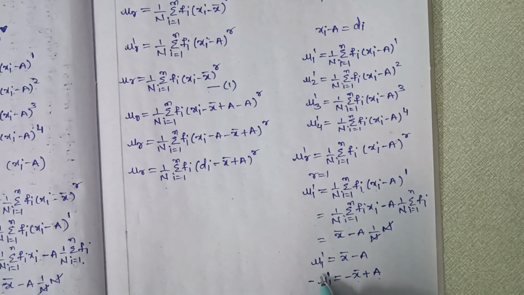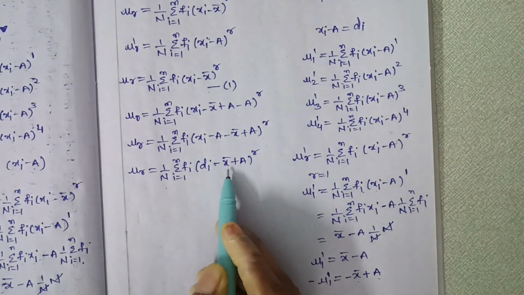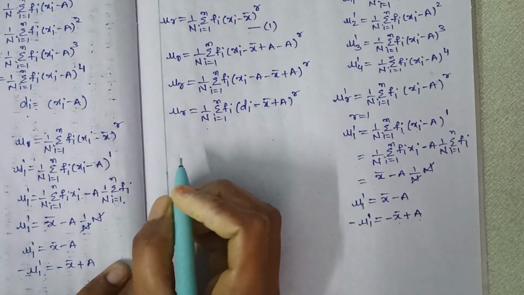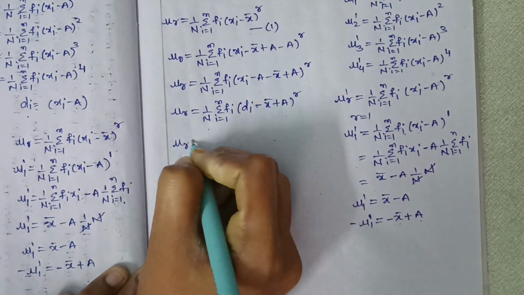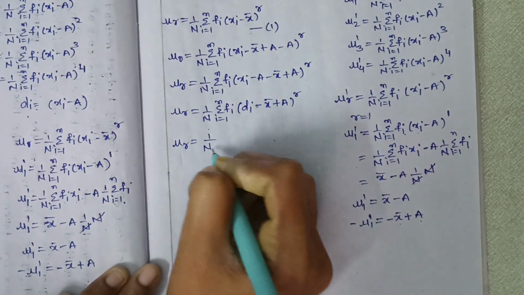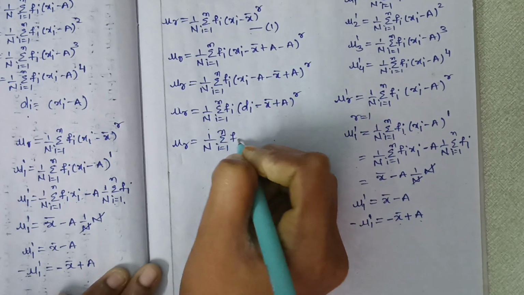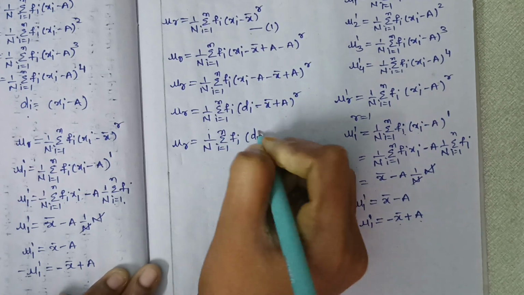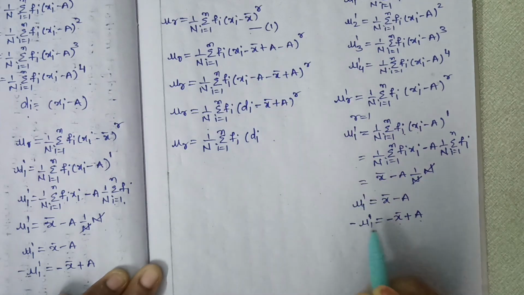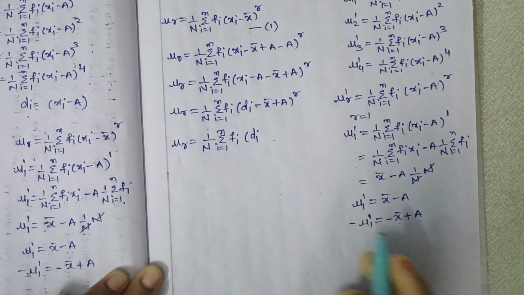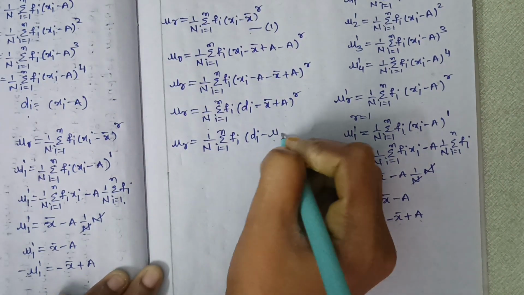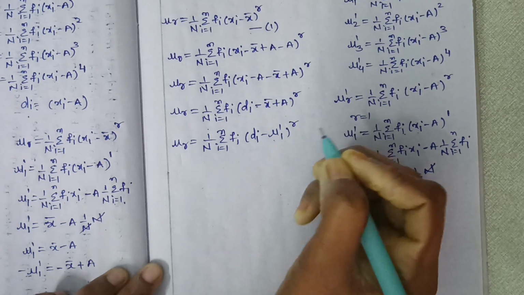Substitute this mu 1 dash in this. So you get mu r is equal to 1 by n summation i equals 1 to n fi into (di minus x bar plus a, which is minus mu 1 dash). Therefore (di minus mu 1 dash) whole to the power of r.